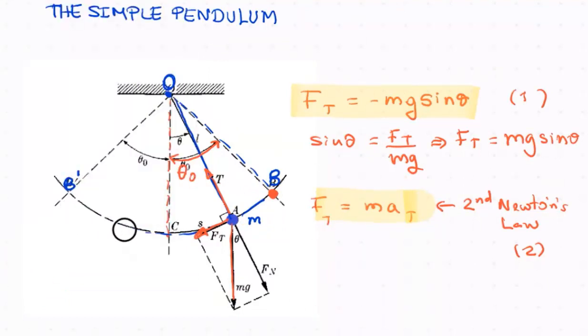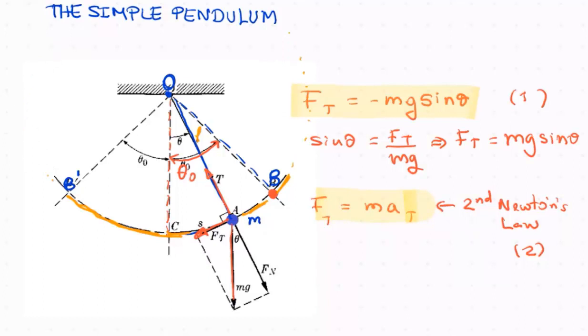I have this path, this orange path. If we complete this path all the way around, we will have a circle, a circumference. And obviously the circumference will have radius L, and that's the length of the string.